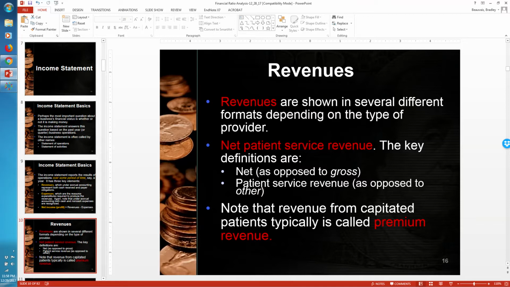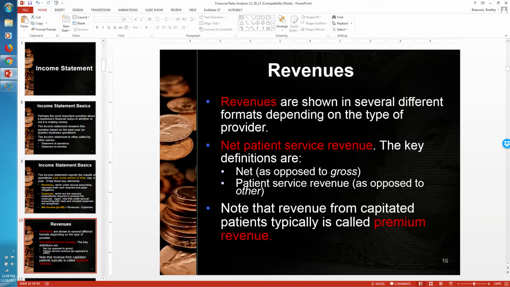We're going to talk in a slide or two about how we get down from that gross large pot of money to what actually gets siphoned away before we get to the money that we can actually use to cover our expenses.